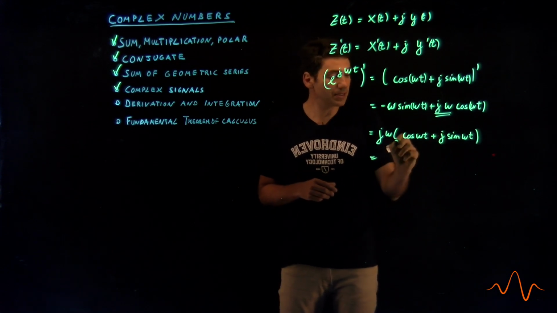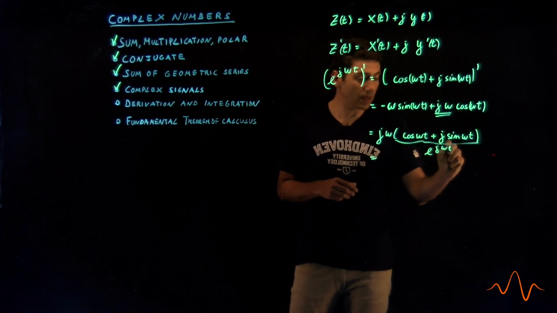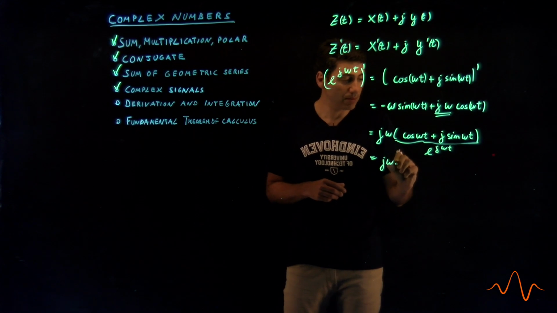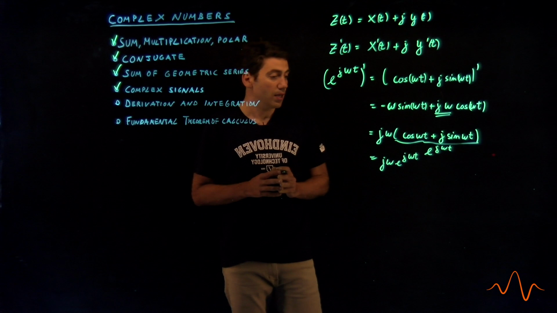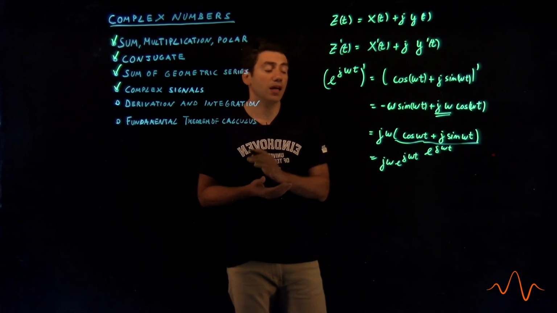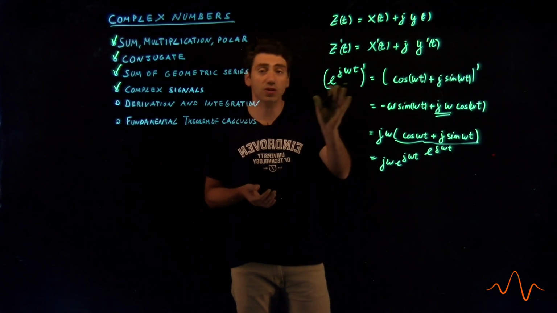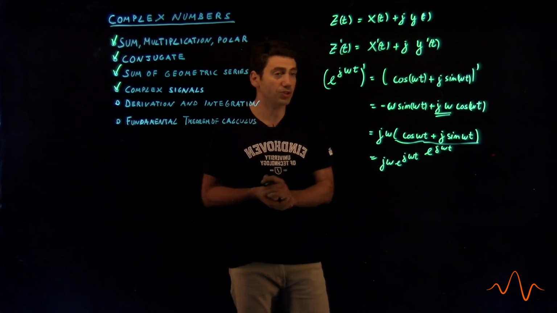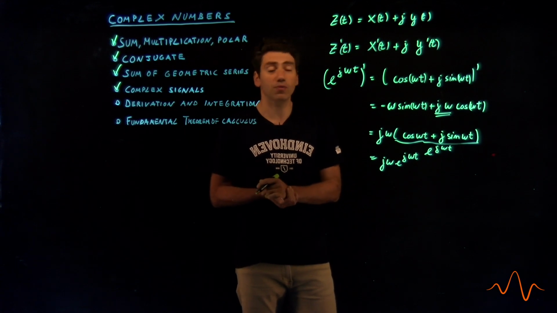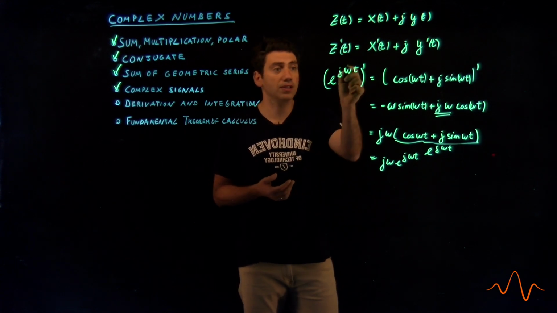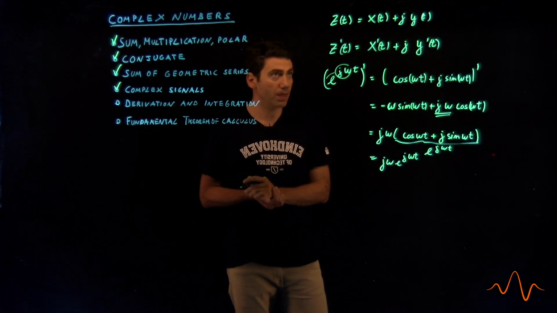But this is nothing more than e to the power of j omega t. So we're left with j omega times e to the power of j omega t. And basically this leads to a very simple generalization of the differentiation rule also for this complex function, which is: if we have e to the power of j omega t, the derivative is j omega e to the power of j omega t. So this term here moves out when we take the derivative.